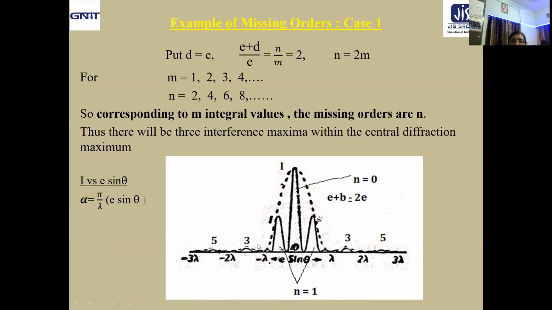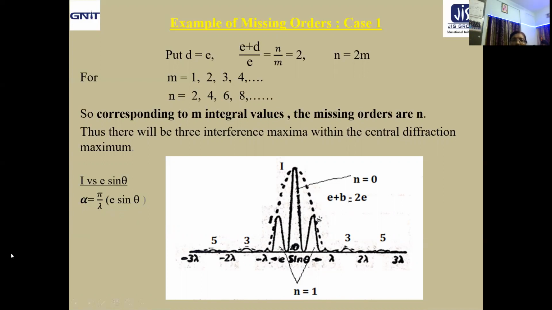Single slit diffraction pattern which is plotted against alpha, meaning E sine theta. Basically alpha lambda by pi is taken here. So this dotted curve is nothing but the plot of single slit diffraction pattern, because the single slit term is very much present in the resultant intensity expression.